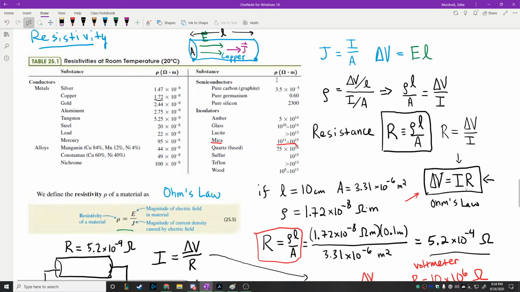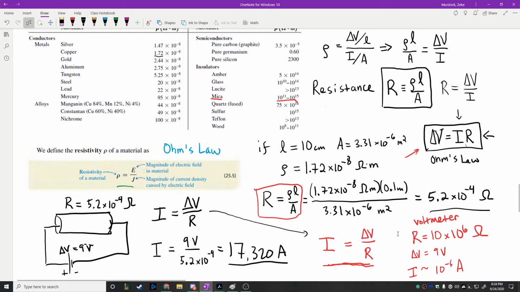The resistivity of mica is gigantic. So if you try to pass electric current through rock by, for example, attaching a battery to the rock, no electricity is going to flow through it. That's what this says: very, very small amounts of current would actually flow. However, when you connect it up to a metal, you get a lot of electric current flow. That's what Ohm's law tells us.